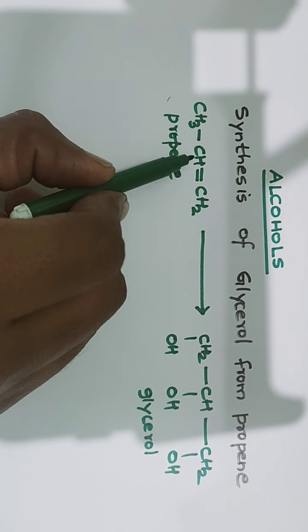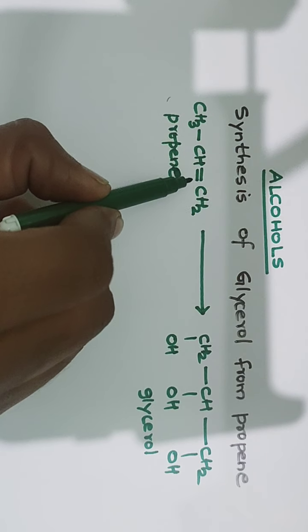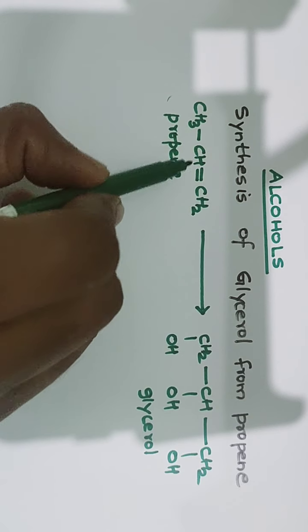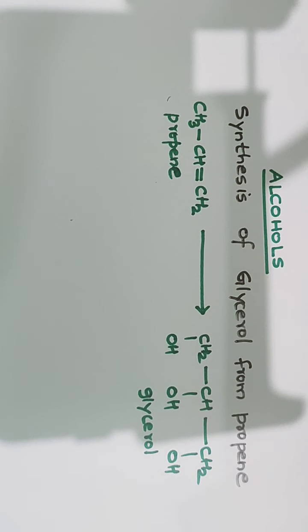Then addition across the carbon-carbon double bond will take place. So that results in addition of one OH group and one Cl. Then again that Cl will be replaced by OH. So these are generally the three steps that are involved in the preparation of glycerol from propene.